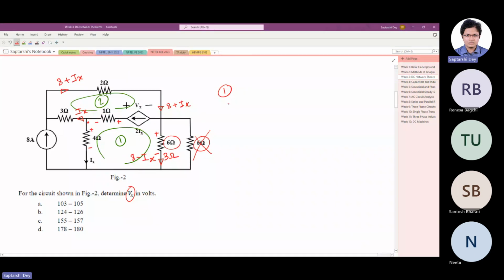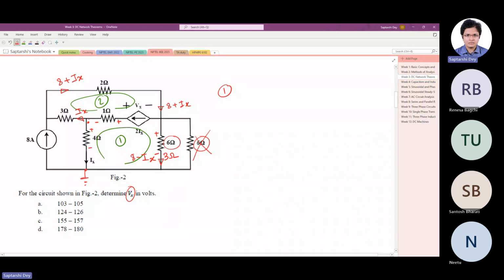Now if I write the KVL, so we can solve the same question by using node analysis too, right? Yes, all of them are the same thing basically. Node analysis is nothing but applying KCL. One node should be marked as ground; you can mark any point as ground like this. Let us see, we'll try to do this with node analysis also.